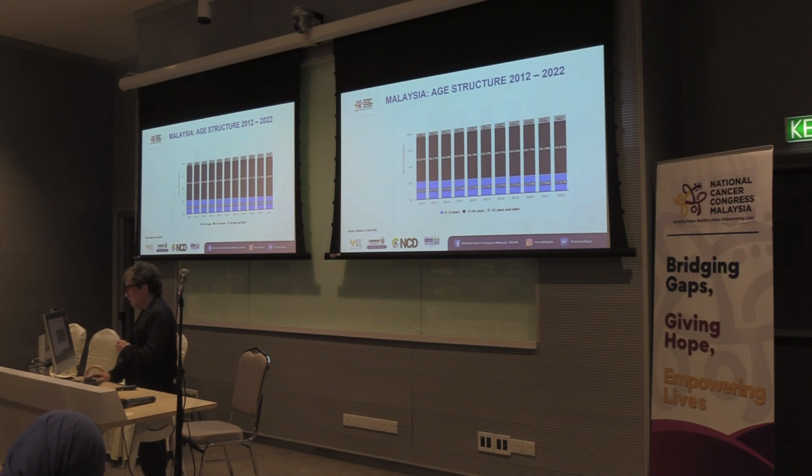If you look at these three bars, the bright blue represents 0 to 14 years of age, the black bars represent 15 to 64, and the gray bar represents 65 years and older. Although it is not that clear, if you look at the figure, over a period of 10 years, the population aged 65 and older increased by 40%.